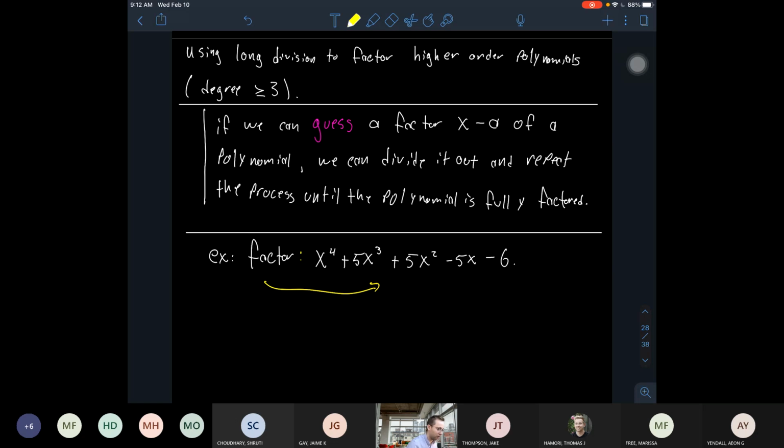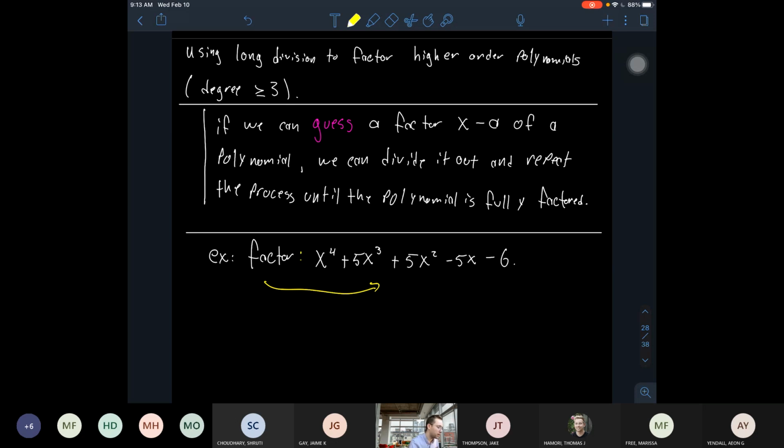I know how to factor quadratics. You might even know the rule for factoring a difference of perfect cubes, or how to factor a cubic. But long division is going to help us factor polynomials of any degree as long as we can do one thing.